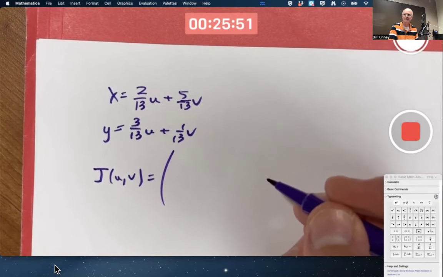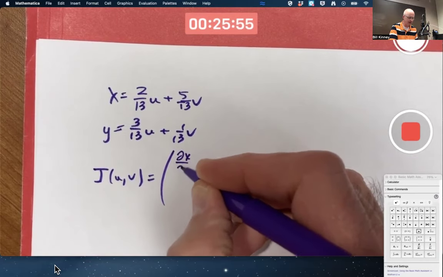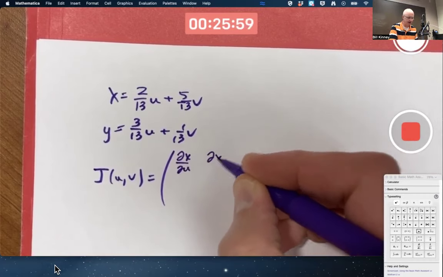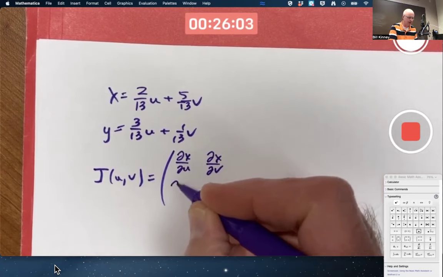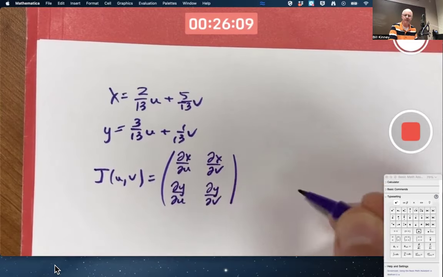Upper left entry is the partial of x with respect to u. Upper right entry is the partial of x with respect to v. Lower left entry is the partial of y with respect to u. Lower right entry is the partial of y with respect to v.